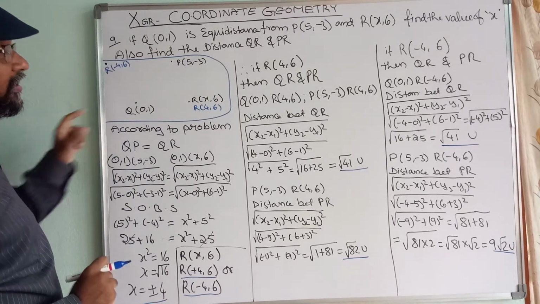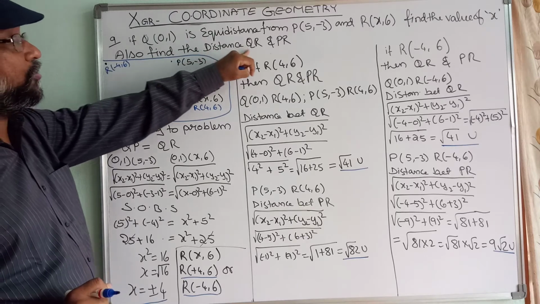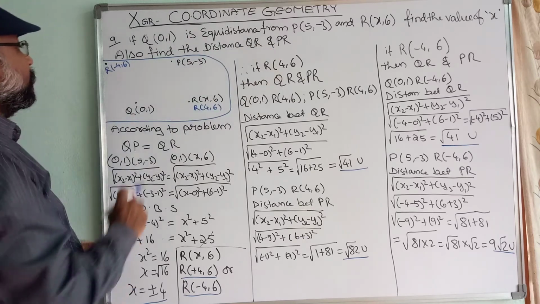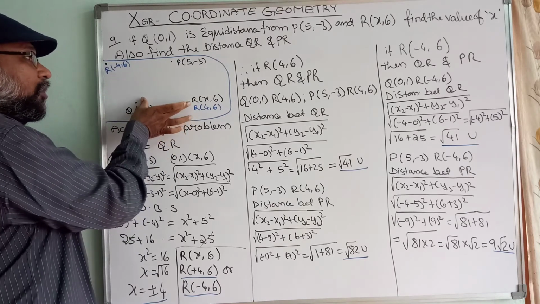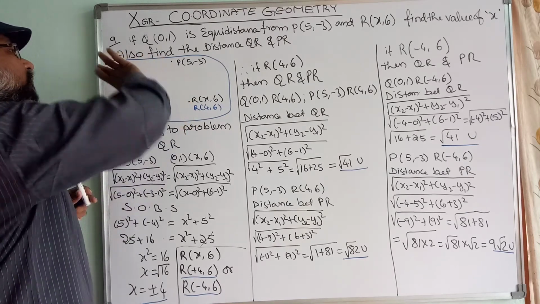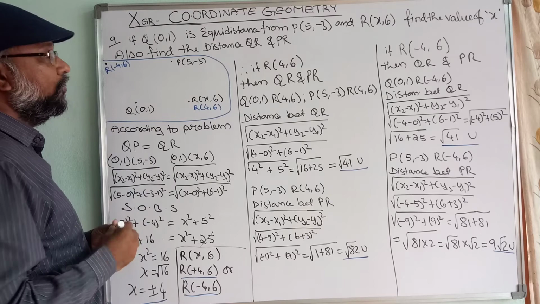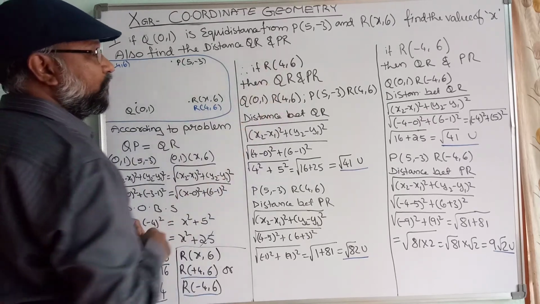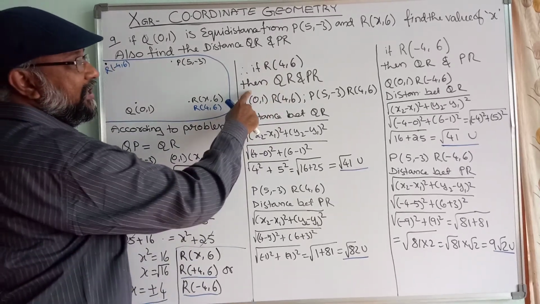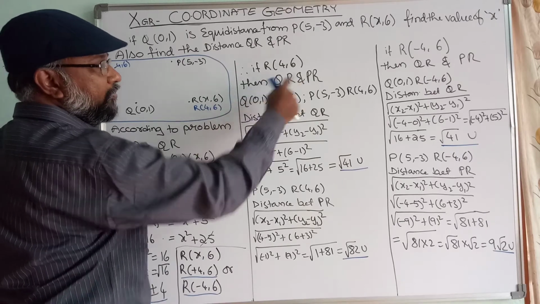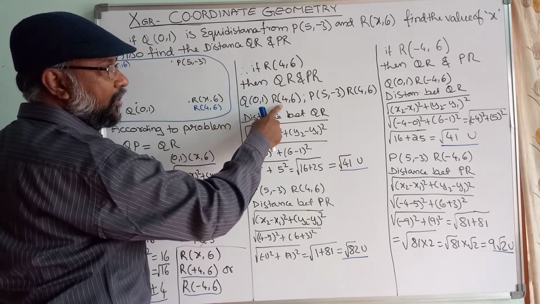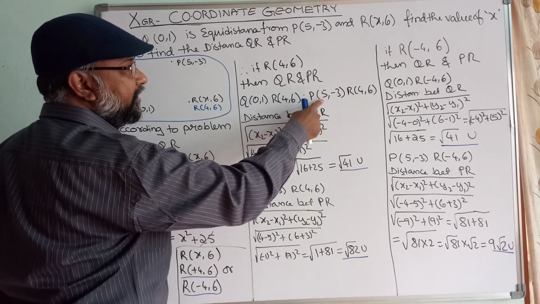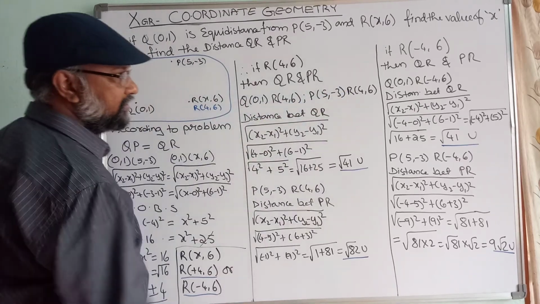That is what we have to find: QR and PR. QR has two chances, with positive and with negative value. First we will take the positive (4, 6). Then QR and PR we have to find. Write down the Q coordinates, P coordinates, R coordinates, so 3 coordinates are required.